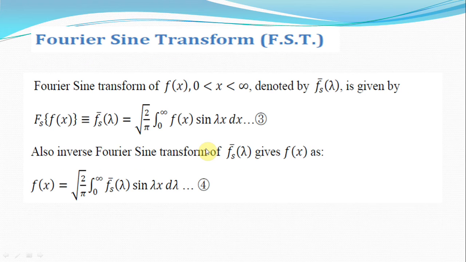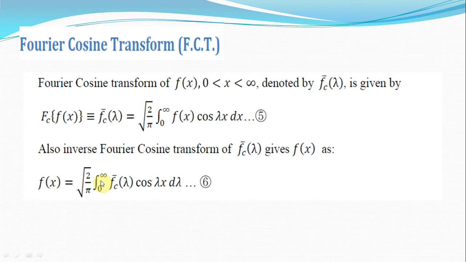But for the Fourier sine transform and the inverse Fourier sine transform, it is from 0 to infinity, as in the case of Fourier cosine and its inverse. So we need to learn by heart all the 6 formulas for doing the problems of this topic. So learn by heart the formulas of the Fourier transform, Fourier sine transform, cosine transform, and their inverses.